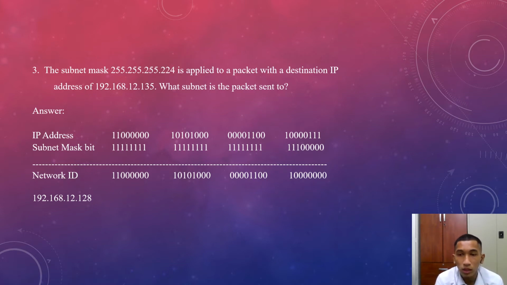We convert the numbers to binary first, then perform the AND operation, and the result is the network ID, 192.168.12.128.